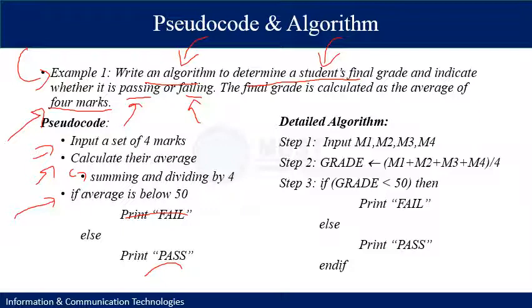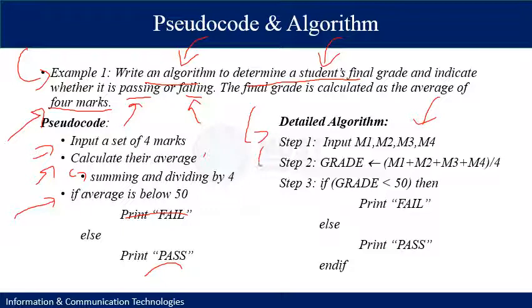Similarly, if you look at the detailed algorithm, it is much similar to the pseudocode, but it contains more specialized language. The pseudocode is closer to the English language, and the detailed algorithm is closer to a programming language. In the detailed algorithm, we have similar steps which say input 4 marks, often referred to as variables, and here we use 4 variables m1, m2, m3 and m4.